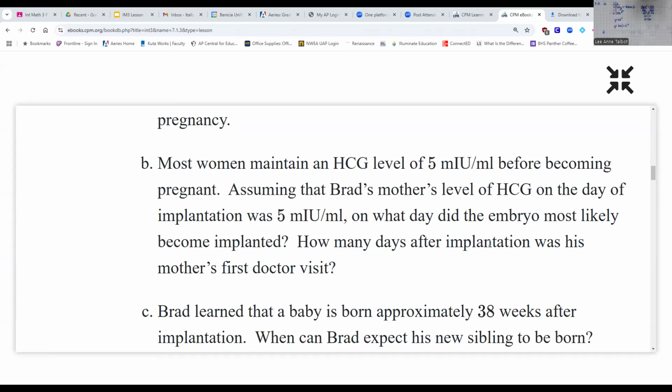It's just that CPM wants you to utilize your logs and exponentials in an actual thing that's exponential. But okay, so just so that we can get over this awkwardness quickly, is 5 an x or a y? So look at your table. What kind of things were x's and what kind of things were y's?